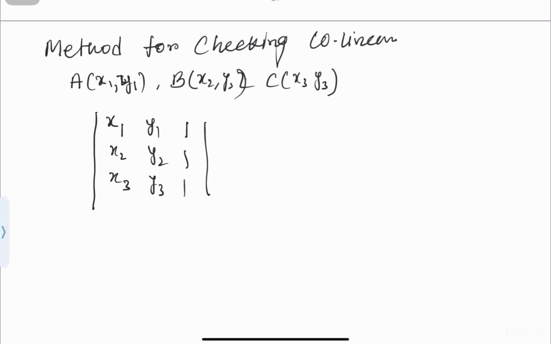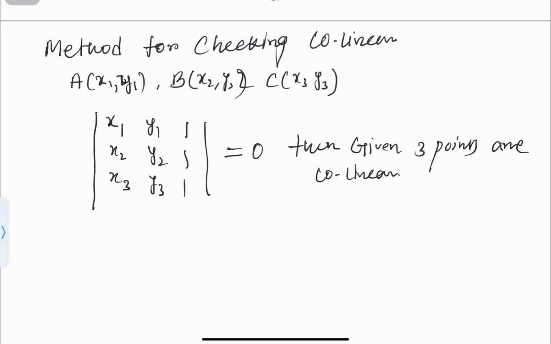If this determinant value is equal to 0, then the given 3 points are collinear. If this determinant value is not equal to 0, then they are not collinear.